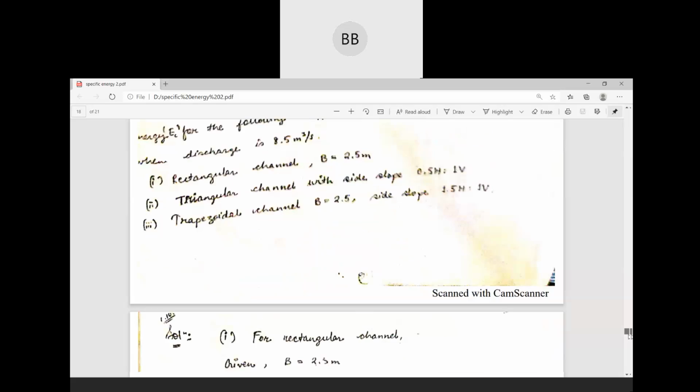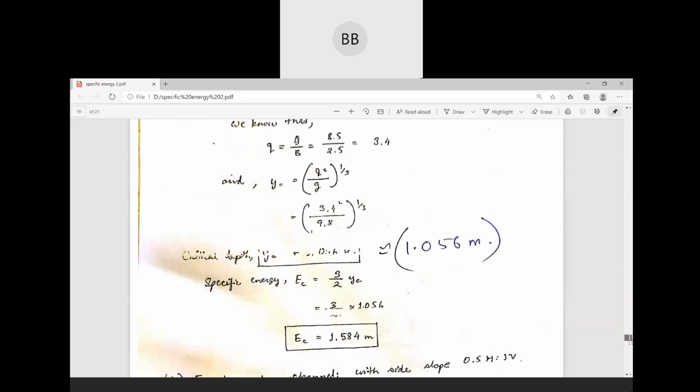How much did you get for the YC value for rectangular channel, the critical depth?